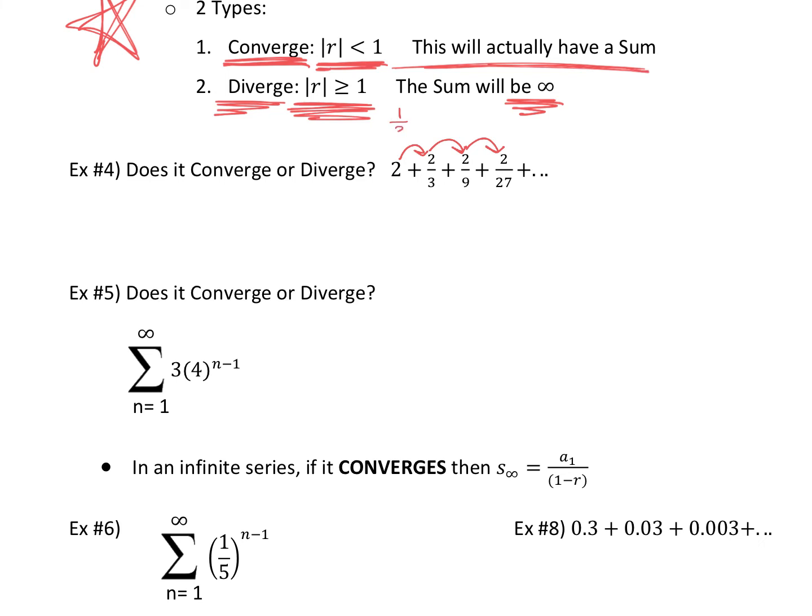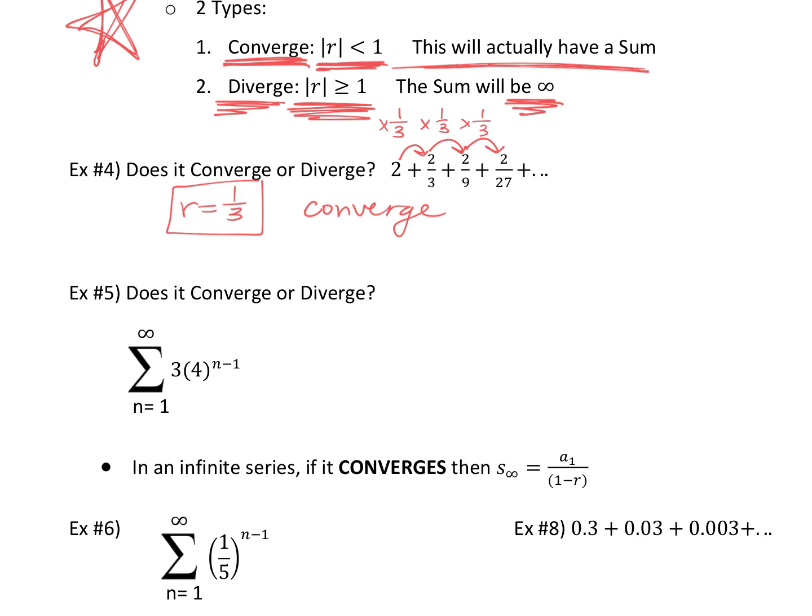If you're going to multiply by 1/3 each time, is that going to converge or diverge? If your common ratio is 1/3, you are going to converge. When it's a fraction, you will actually get a sum because you keep adding until you get one complete thing, okay?